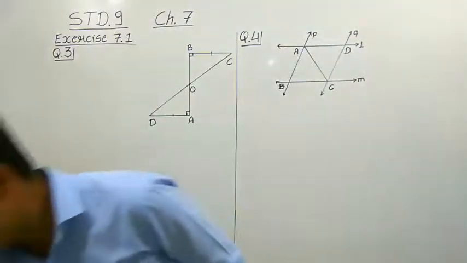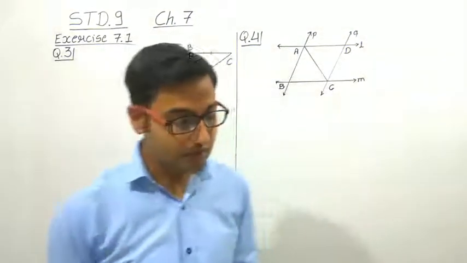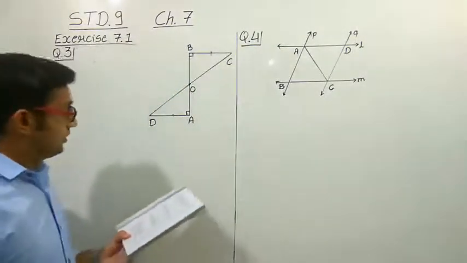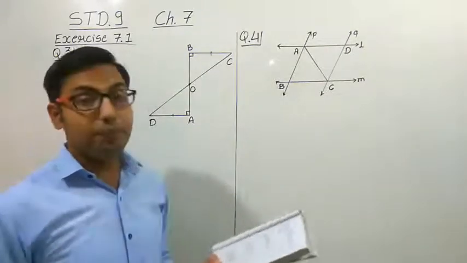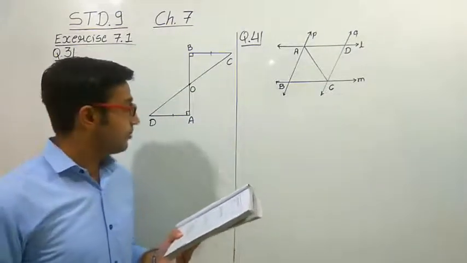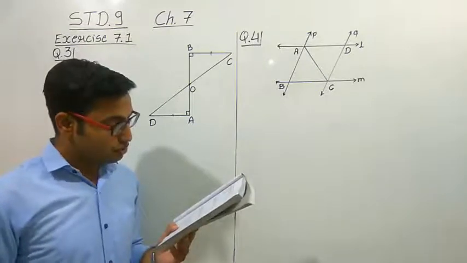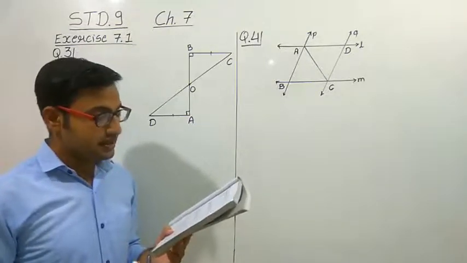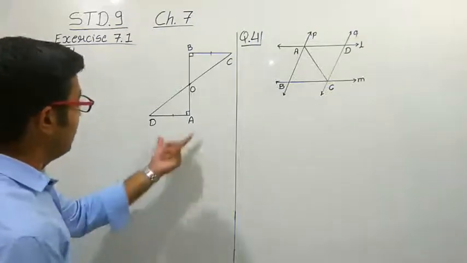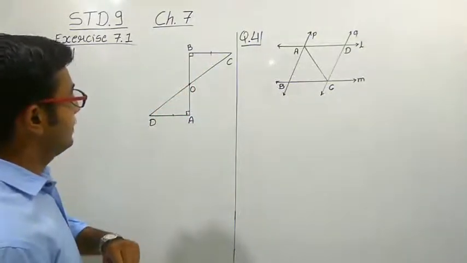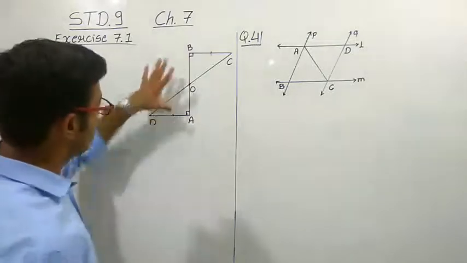So what is the question? Question is, AD and BC are equal perpendiculars to a line segment AB, so that CD bisects AB. So here we are given that AD and BC are the equal perpendiculars to AB.